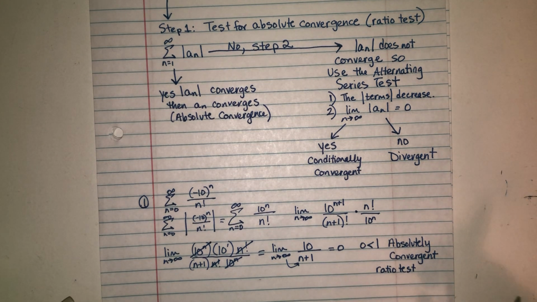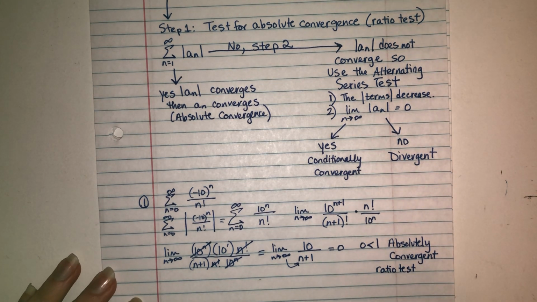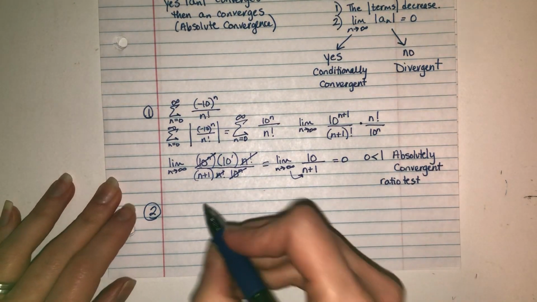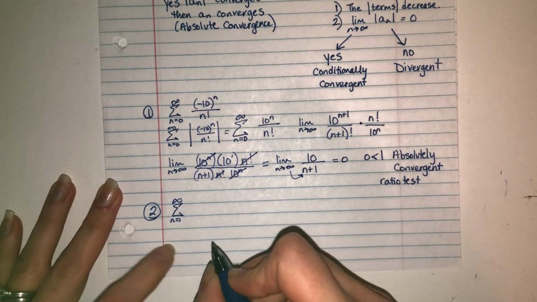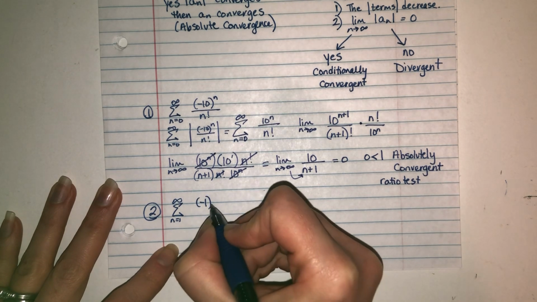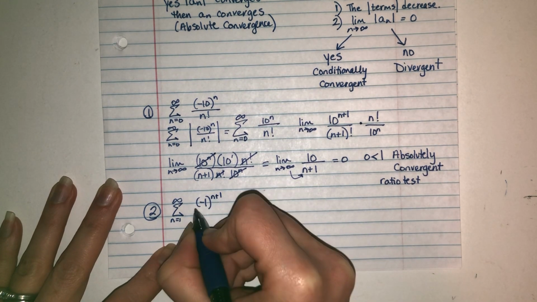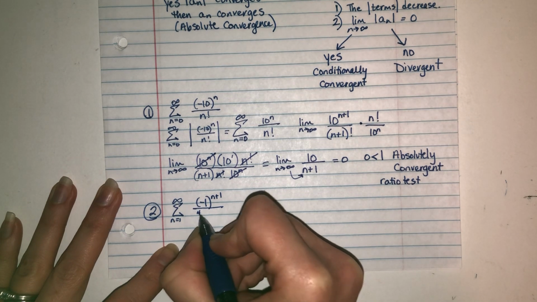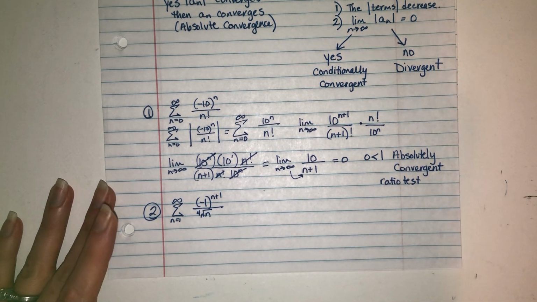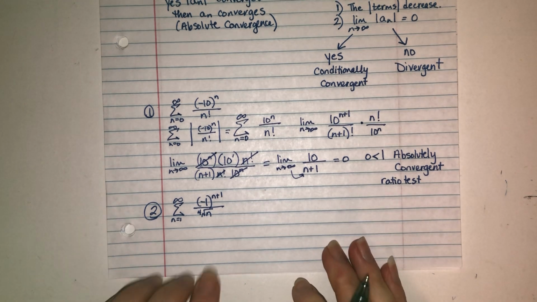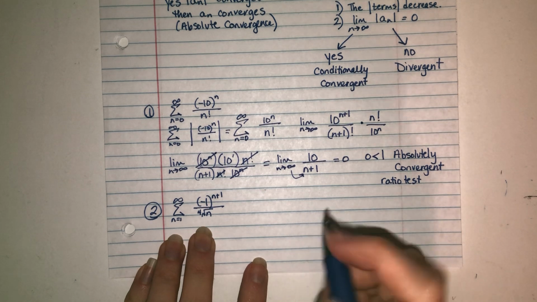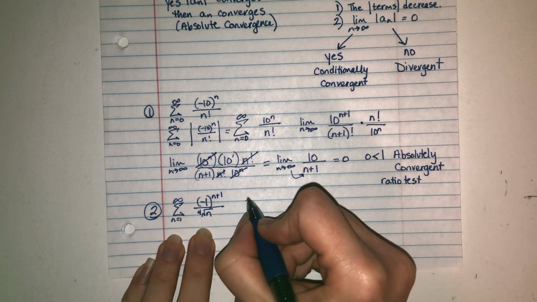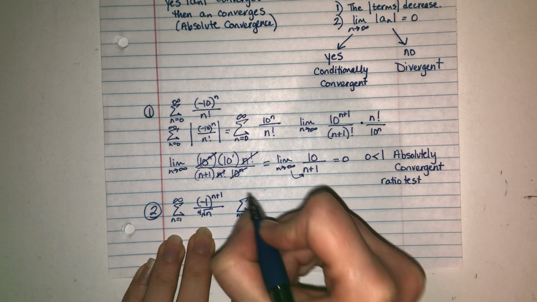So, number 2. We're going to do the sum from n equals 1 to infinity of -1 raised to the power of n plus 1 divided by the 4th root of n. So, first thing we're going to do is check for absolute convergence by looking at the absolute value of this series.